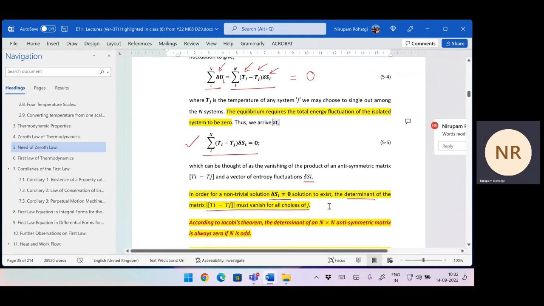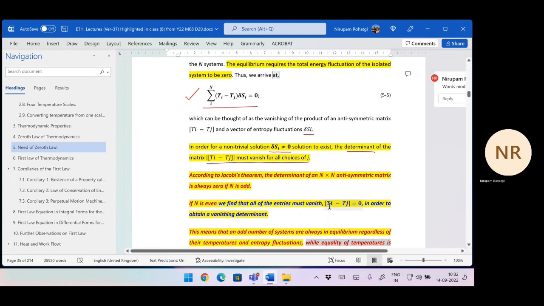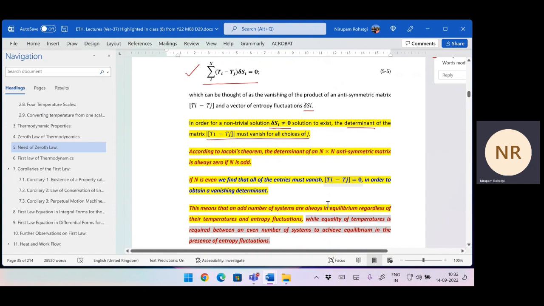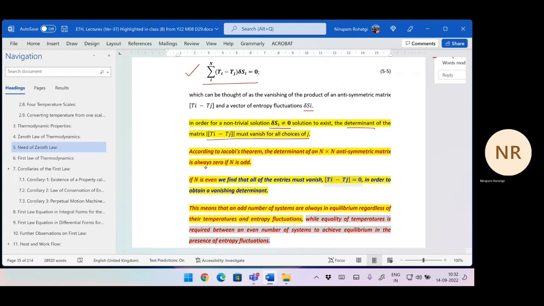Now what happens is, there is a symmetry break found here. Now, according to Jacobi theorem, the determinant of this anti-symmetric matrix is always 0 if n is odd, right?